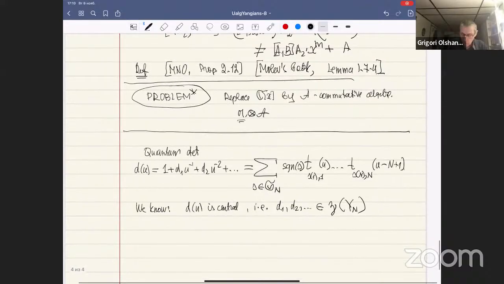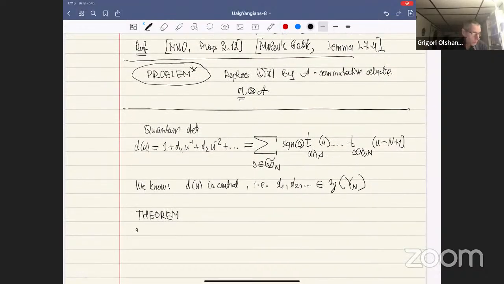Now we have a more precise result. So first, these elements are algebraically independent.